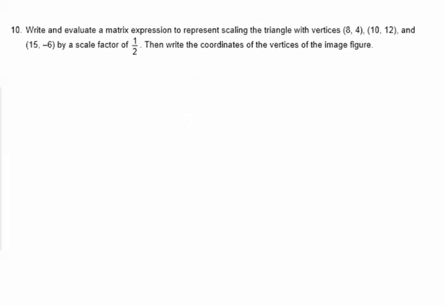Okay? Now, this one says write a matrix expression scaling the triangle vertices by a scale factor of 1/2. Well, I would write the matrix down. 8, 4, 0, 10, 12, 0, 15, negative 6, 0. My scale factor is 1/2, so it's a scalar multiplication.